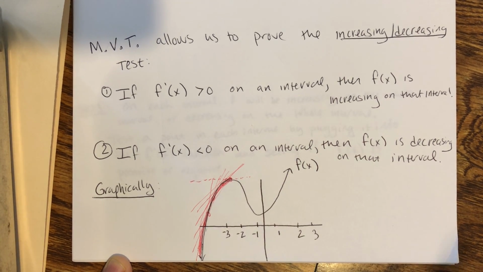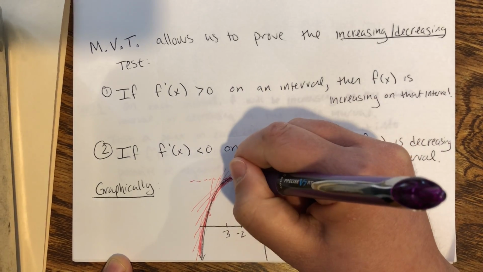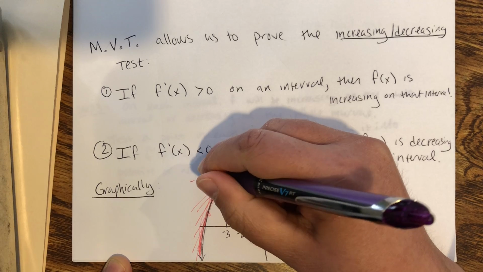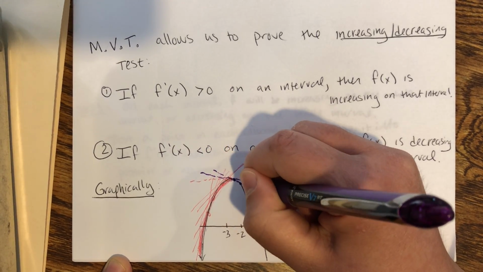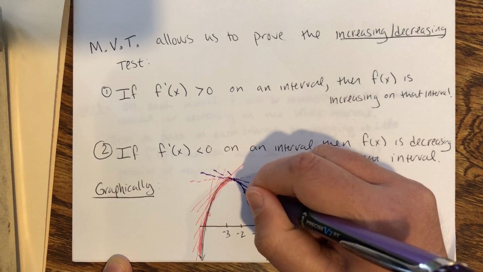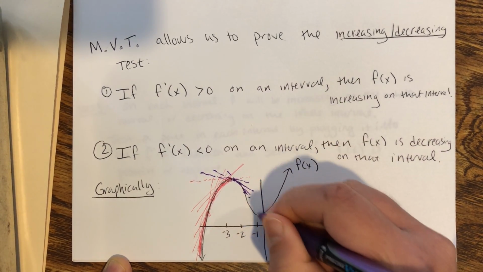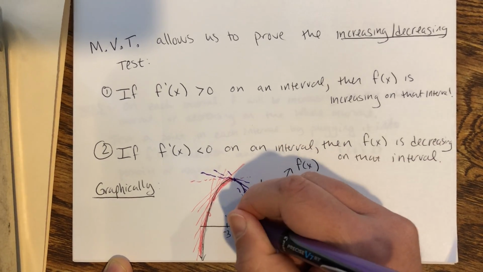Okay? Then what happens after? Well, between -3 and -1, now that we've passed this peak, our tangent lines have negative slope, right? If we draw on these lines, the slopes of these lines are negative. They're going downhill. And they're going to continue to be negative until we get to this point right here where they get back to 0.